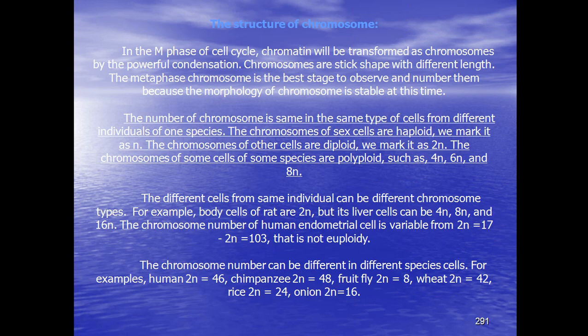Especially in the M phase, the mitotic phase of the cell cycle, chromatin will be transformed into chromosome by powerful condensation. This long thread-like chromatin fiber will be converted into rod-shaped structures, almost stick-shaped with different lengths.